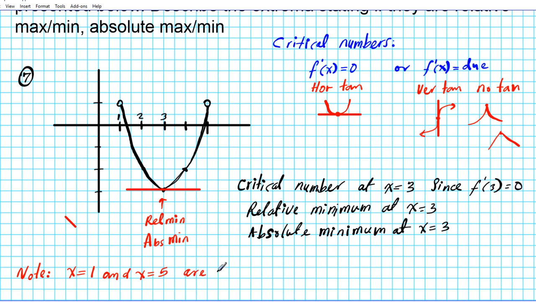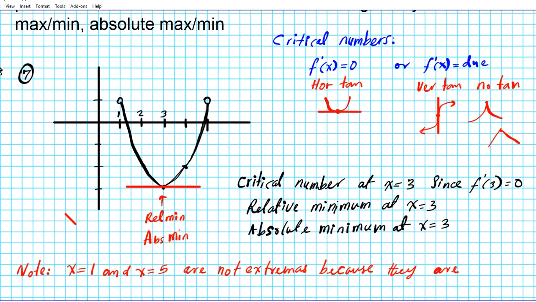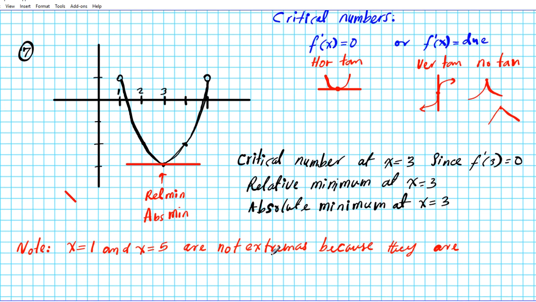Why are they not extrema? They are not extrema because they're open circles. They are excluded from the domain of the function. They are excluded from the domain of f.